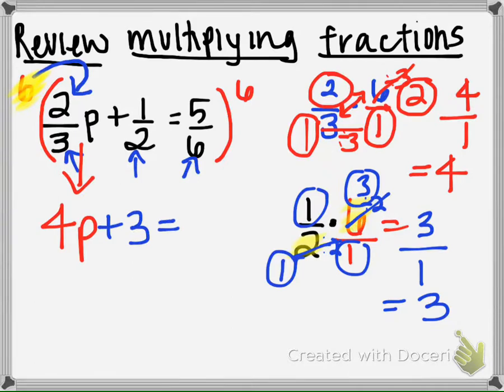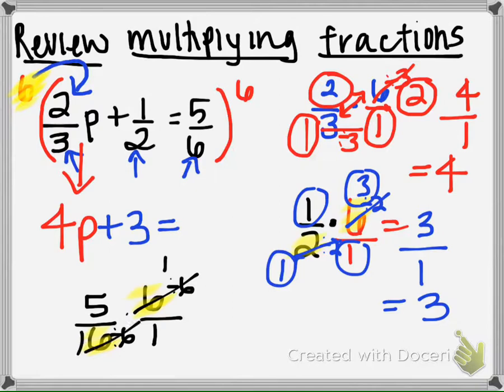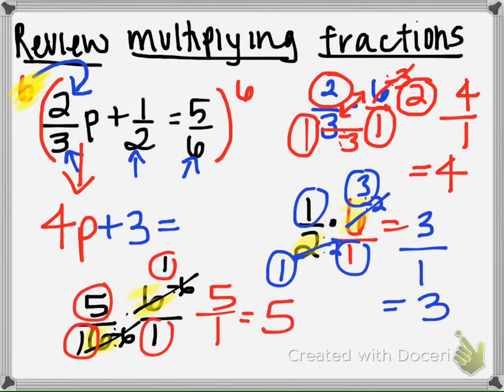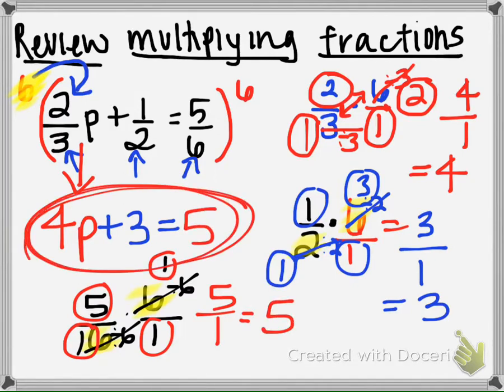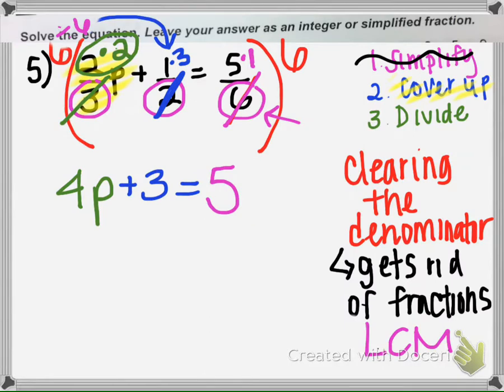And to demonstrate with the 5/6, we multiply it by 6, and we can simplify the 6's because 6 can go into itself once. Then multiplying straight across, we get 5 over 1, which is just 5. So the equation we get here is the same thing we had before without having to show all that work.